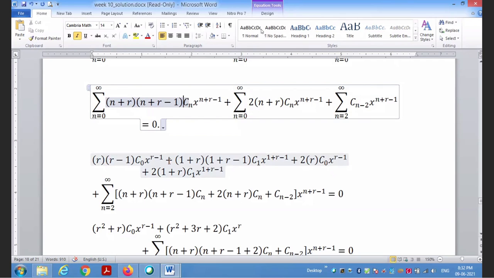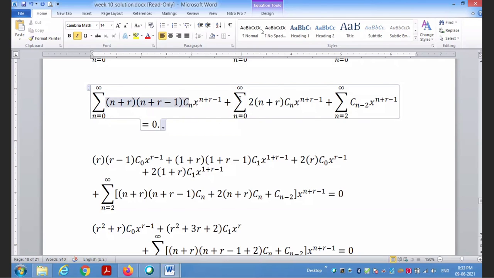And when you replace n with 1, we have 1 plus r, and then 1 plus r minus 1, which is r, and then c1, x to the 1 plus r minus 1. You just replace first. Now for this one, after this, it will start with 2.